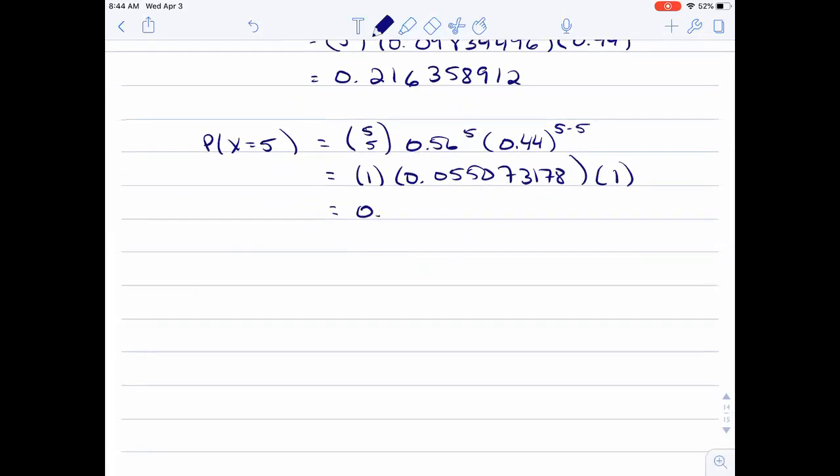So here we get 0.055073178 times 1 times 1, so those go away.